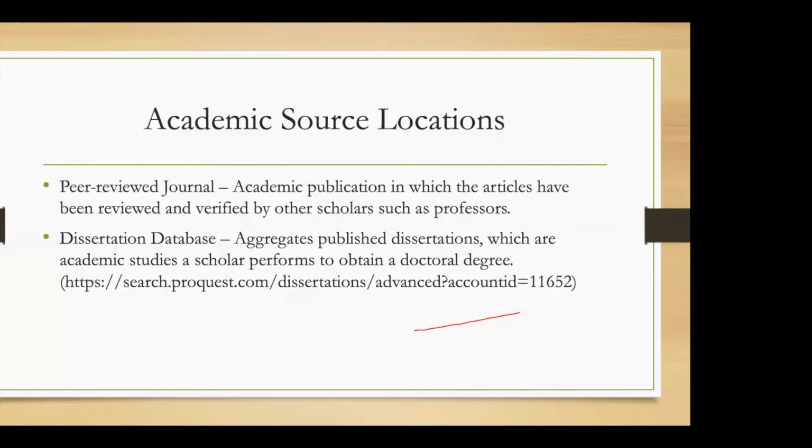So I'll give you an example because I submitted an article for peer review. I wrote an article, I sent it to this journal. A group of professors that I don't know who they are read my work and then either rejected it because the quality was too low, or they gave me advice on how I should revise it and then resubmit it again.